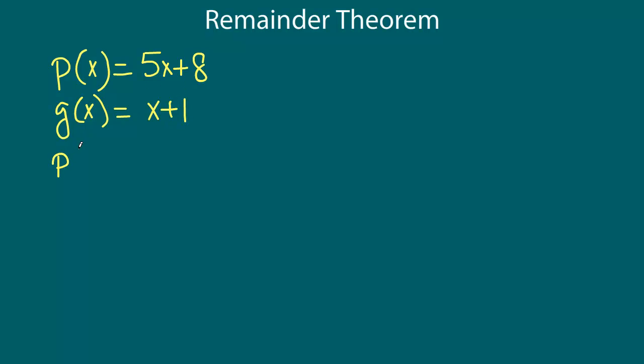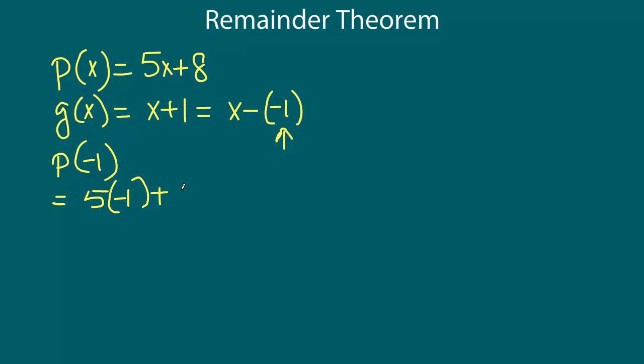The remainder will be quite simply, we will write x plus 1 as x minus (minus 1), and we want to find out the value of the polynomial at minus 1 now. So if we do that, we have 5 times minus 1 plus 8, or this will be minus 5 plus 8, or 8 minus 5, which will be simply 3.